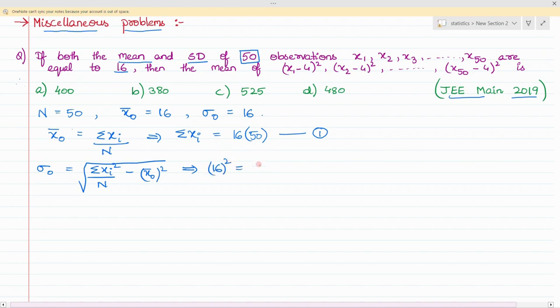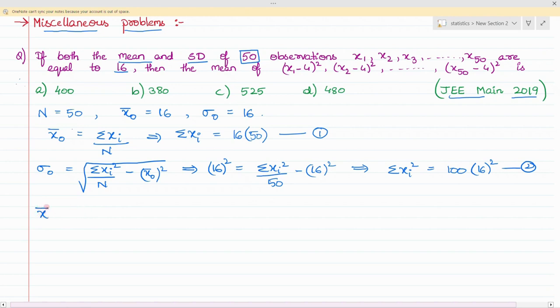Let us square it on both sides, so this root gets cancelled. Sigma xi square remains as it is, n is 50 over here, and the original mean is 16 whole square. From here we can get sigma xi square as 50 into 2 times 16 square, that is 100 into 16 square. Assume this is equation number 2.